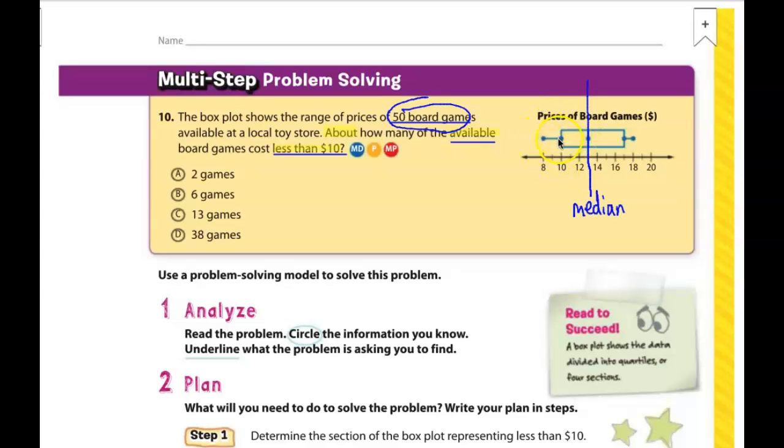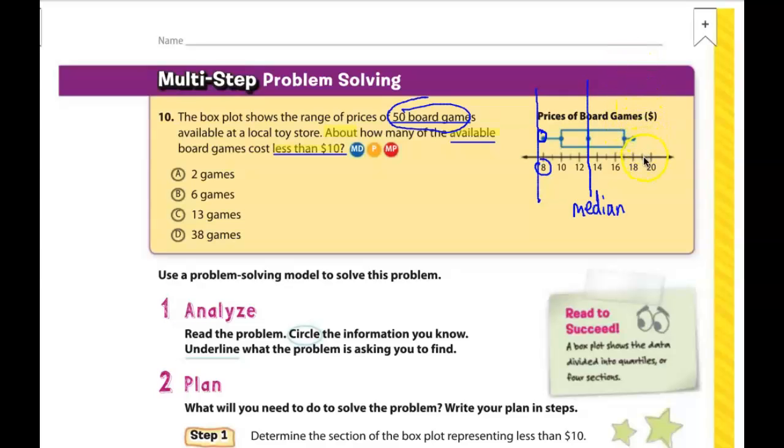Now, there are a couple other indications here. The very cheapest board game is actually going to be $8 because you can see this is the value, the lesser extreme, and that's 8. So this is where it begins. Now go ahead and answer this for me. What is the greater extreme?